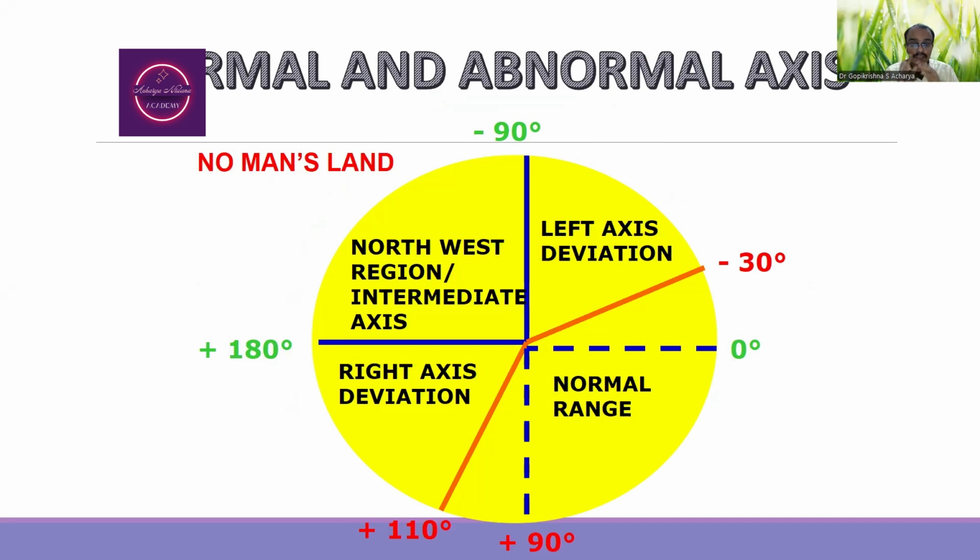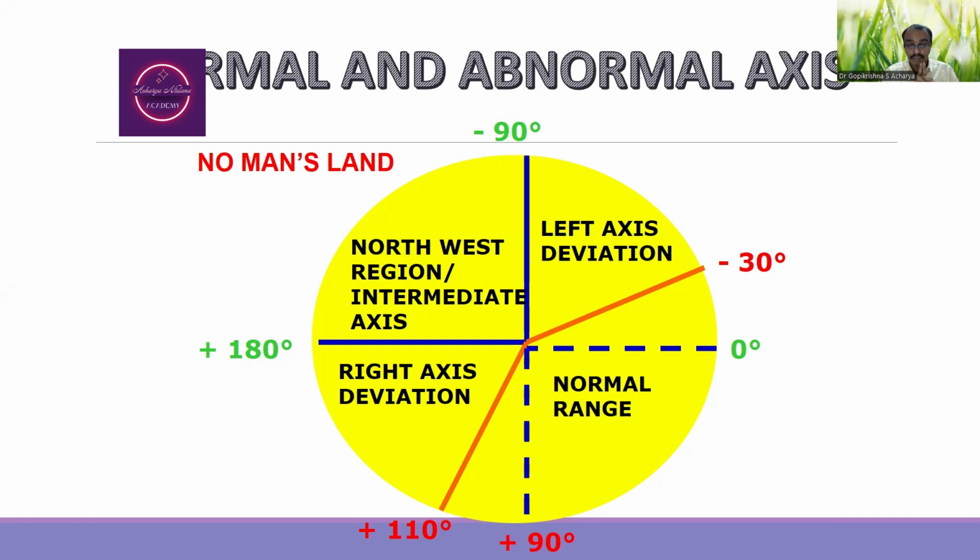As far as the normal and abnormal axis are concerned, if the electrical axis lies between minus 30 and plus 110 degrees, then it is said to be a normal electrical axis. If the axis lies between minus 30 and minus 90, then it is said to be left axis deviation. If the electrical axis lies between plus 110 and plus or minus 180, then it is said to be right axis deviation.